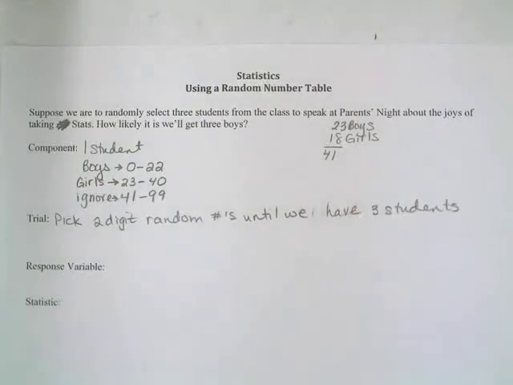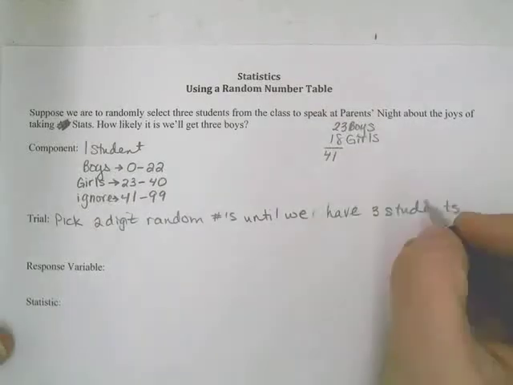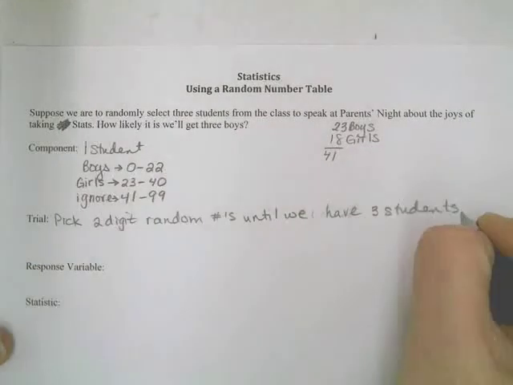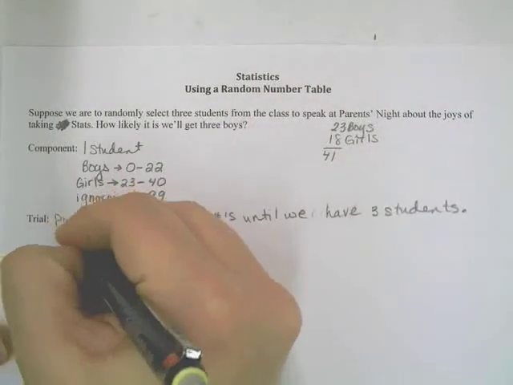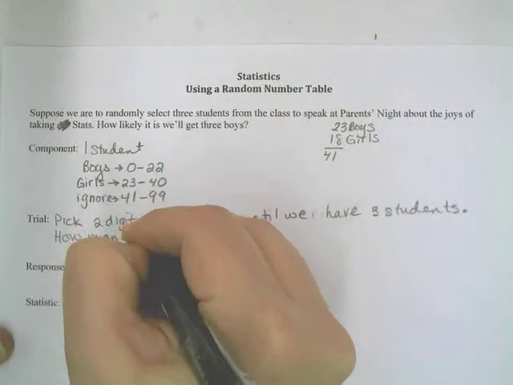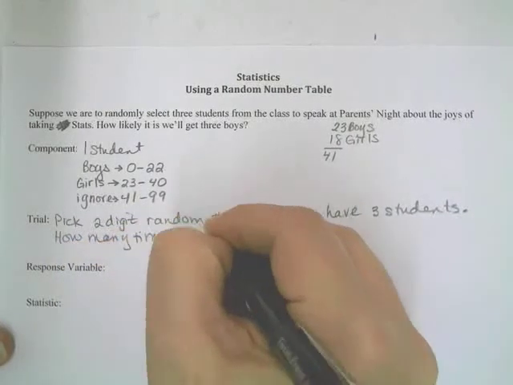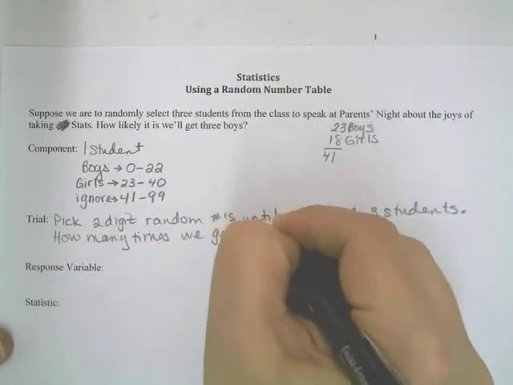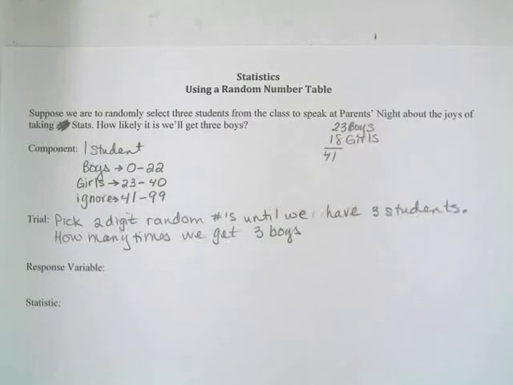And we're going to try and find out how many times we actually get 3 boys. So we're going to pick 2-digit numbers until we have 3 students. And once we have 3 students, we're going to find out how many times those 3 students are boys. And we're going to try and do that throughout this random digit table.